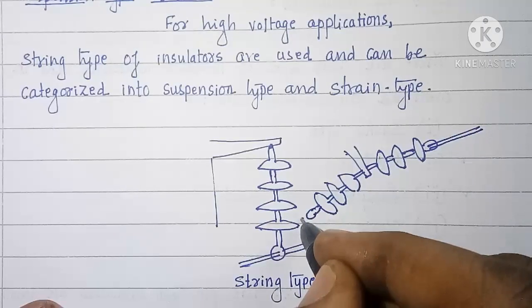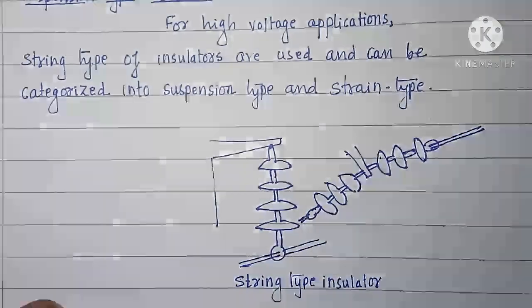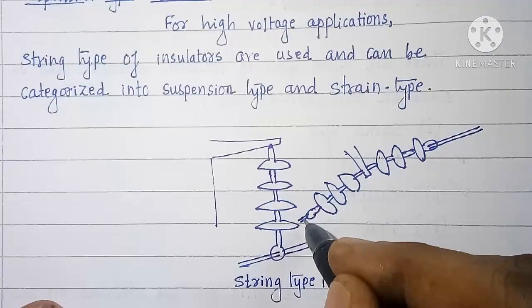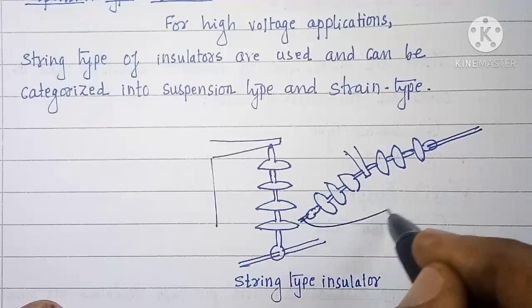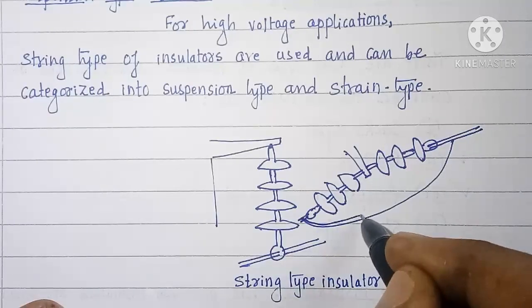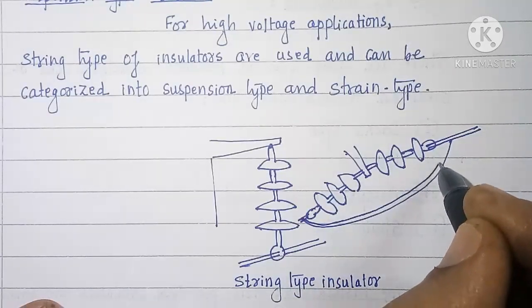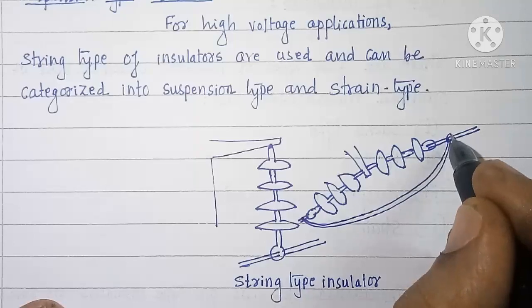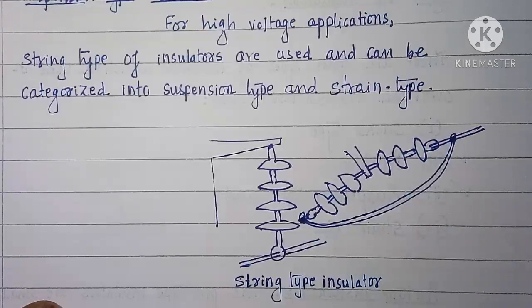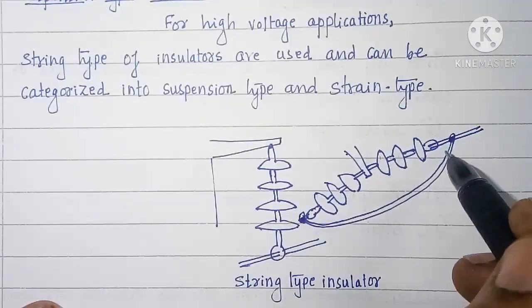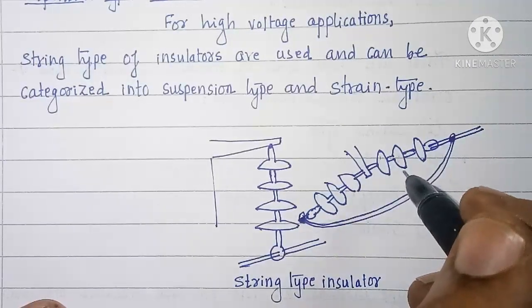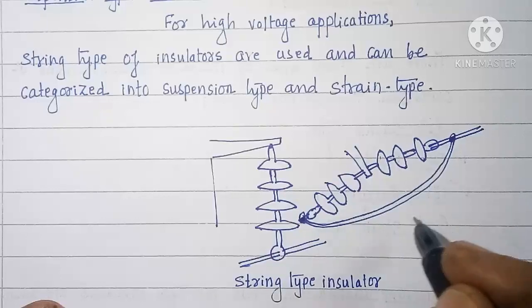To the last one, a conductor is connected. There will be a jumper used to connect these two conductors. The connections here must be firm connections. Now this type of arrangement is called a strain type insulator.